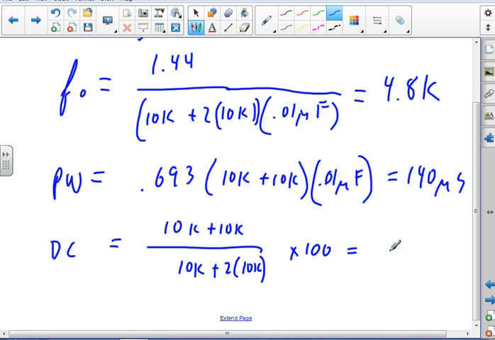We ought to do that in our head, right? This is 20 divided by 30, so that'd be 67% for the duty cycle. No problem with that. That's 35.